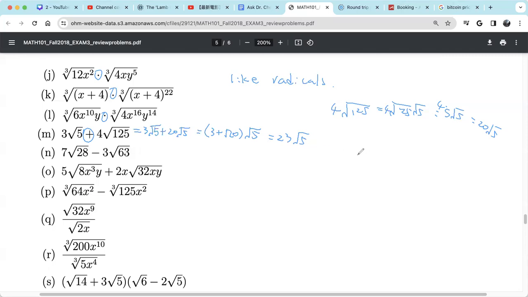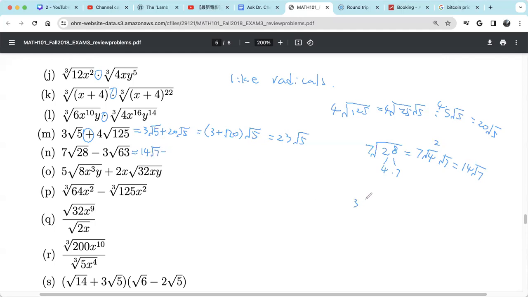Square root 28, let's simplify this. We'll have 7 up front. Right? 28 is 4 times 7. So 7 times square root of 4 times square root of 7. And square root of 4 is 2. 2 times 7, 14. So that becomes 14 radical 7 for the first number.